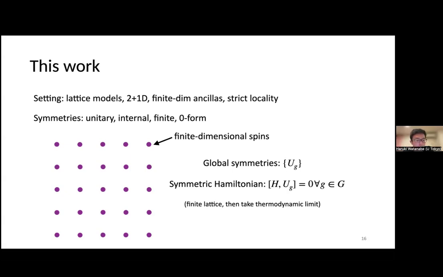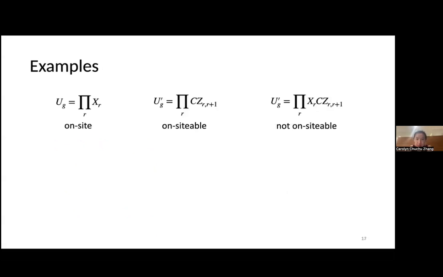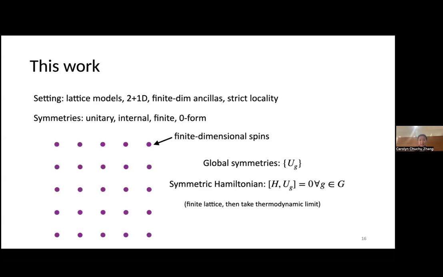Thanks, thank you for the question. Certainly one can ask about generalizations to other kinds of symmetries. So again, the kinds of symmetries we'll consider are finite symmetries, invertible symmetries, unitary, in lattice models in 2+1D.